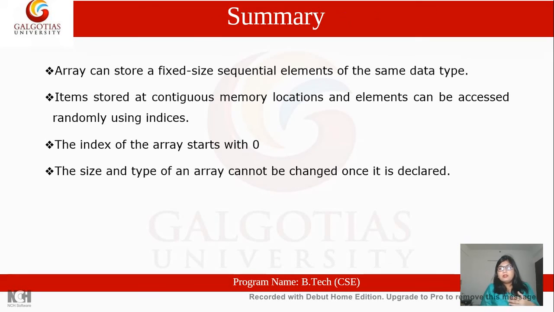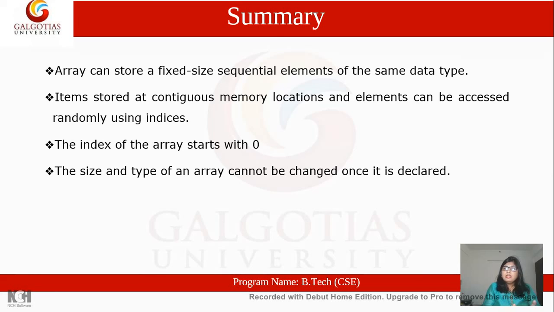So let's have a quick recap in the form of a summary of what we have learned in this video tutorial. An array can store fixed size sequential elements of the same data type. That means if the array is of integer data type, all elements will be integer data type. If the array is of float data type, all elements will be of float data type, and every element will have a fixed size.